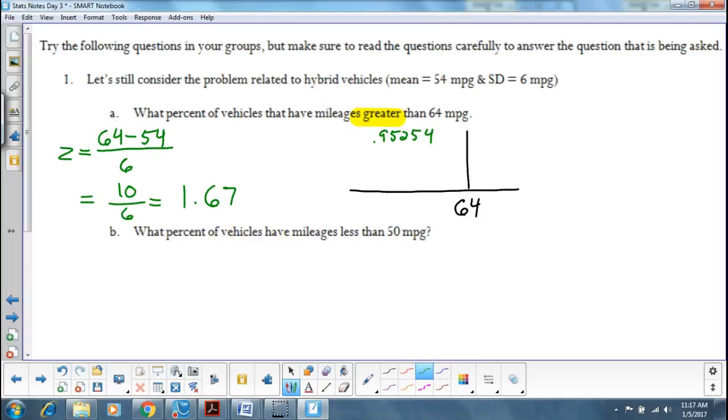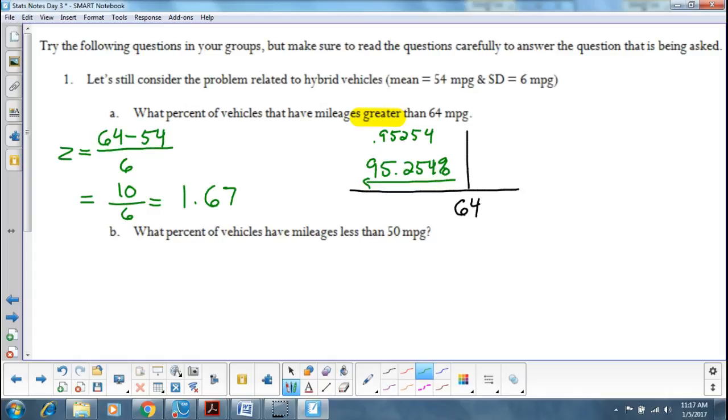Everybody see how I got that? Down to 1.6, over to the 7th column, that gets me 1.67. Yes? So that tells me that there is 95.254% of the population below 64. Correct?